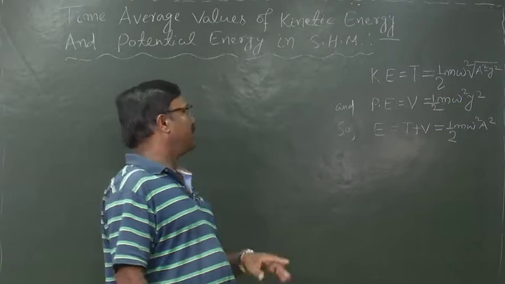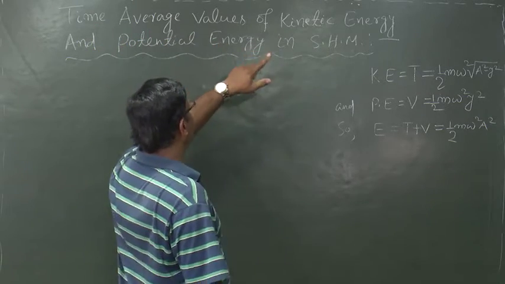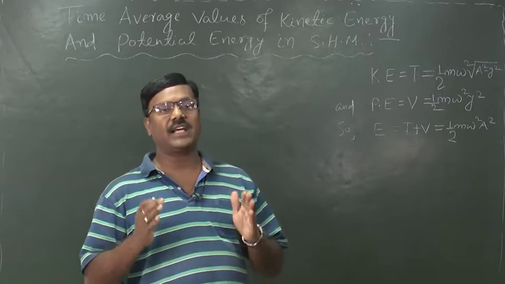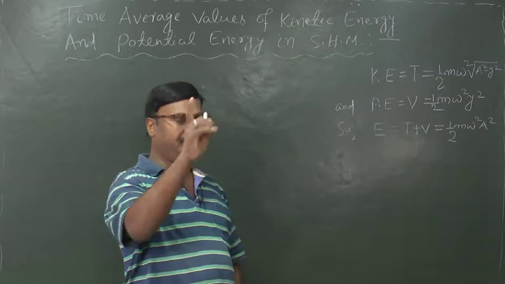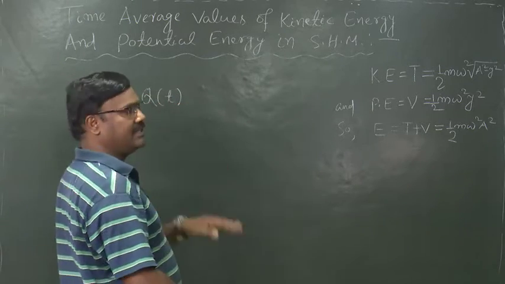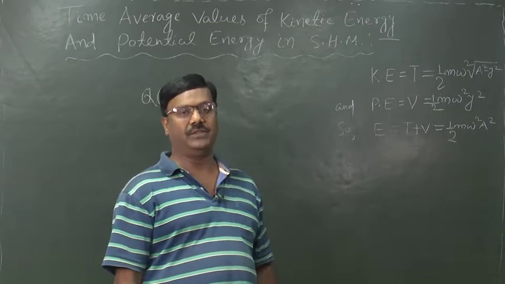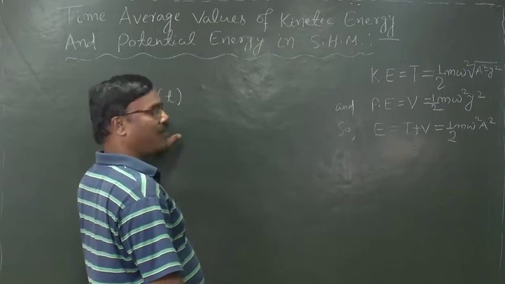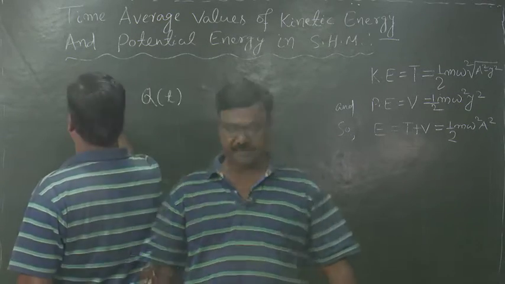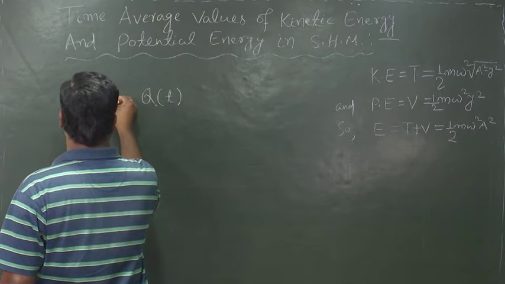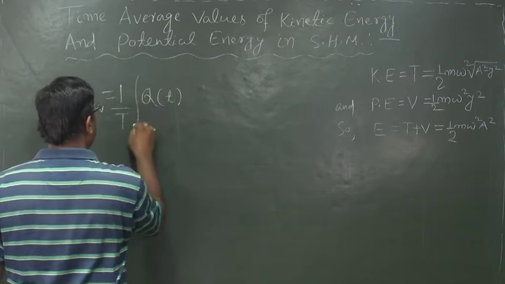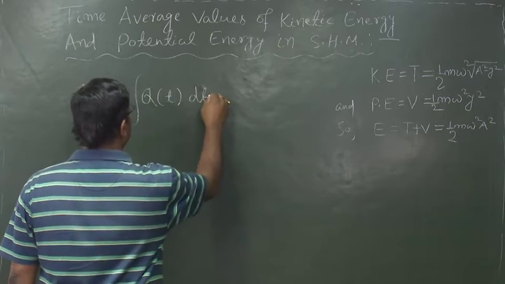Today's discussion is about the time average values of kinetic energy and potential energy in SHM. Then what is time average value? If Q is a function of t and is a quantity, and we have to find out the time average value of this quantity Q, then we can write Q average value is equal to 1 by T integration Q(t) dt.